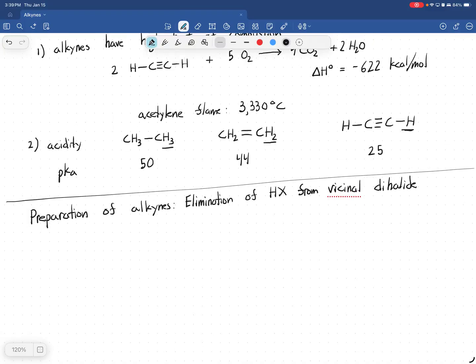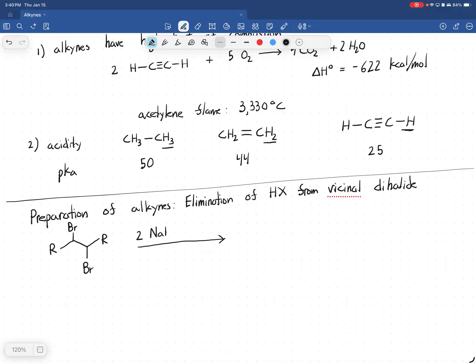All right, so we have an alkyne. Vicinal dihalide means the halogens are on adjacent carbon atoms, and you're going to use a suitable base to deprotonate and eliminate the halogen.